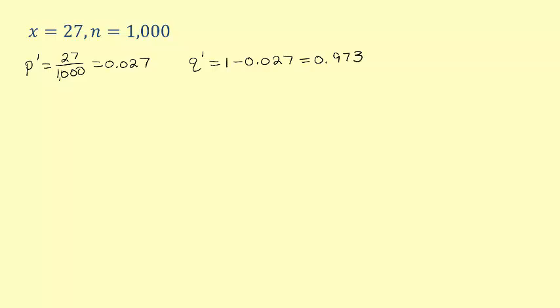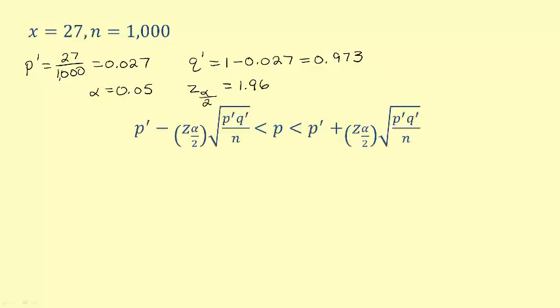For a 95% confidence interval, alpha equals 0.05, and the z-score for alpha over 2 is 1.96.